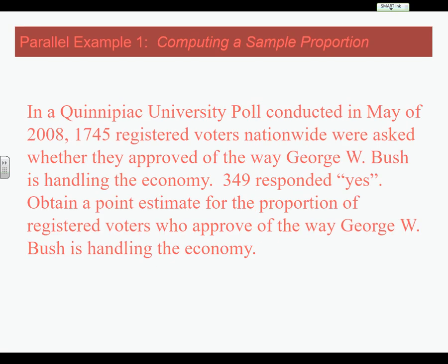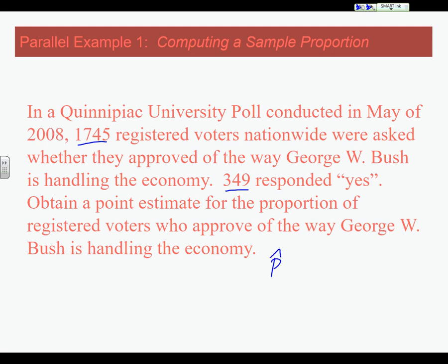Quinnipiac University poll conducted in May of 2008. 1,745 registered voters nationwide were asked whether they approved of the way George W. Bush is handling the economy. 349 responded yes. I just want a point estimate for the proportion of registered voters who approve of the way W. Bush was handling the economy.